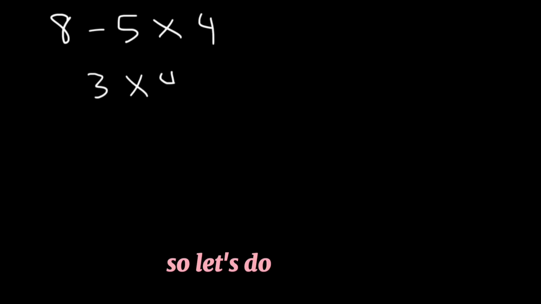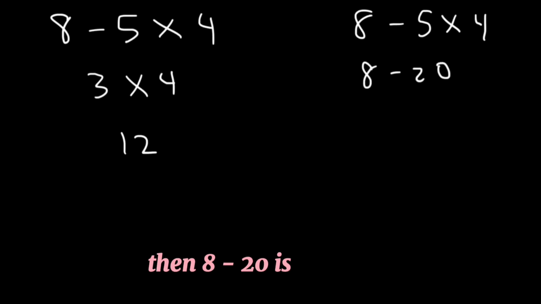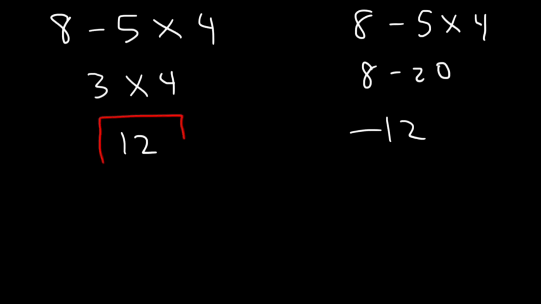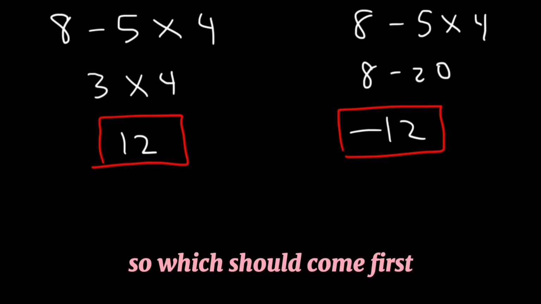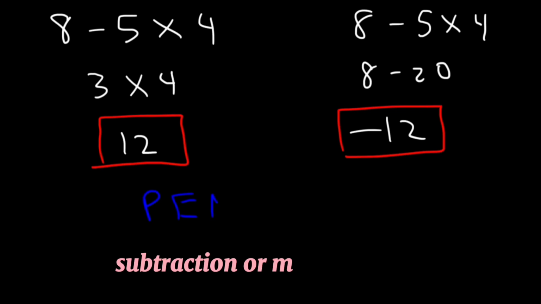So let's do the first one. 8 minus 5 is 3. 3 times 4, 12. Option 2, 8 minus 5 times 4. 5 times 4, 20. Then 8 minus 20 is minus 12. Here the two results are different. So which should come first? Subtraction or multiplication?